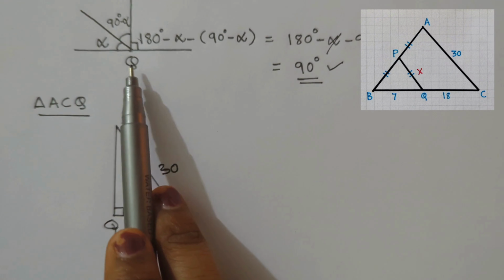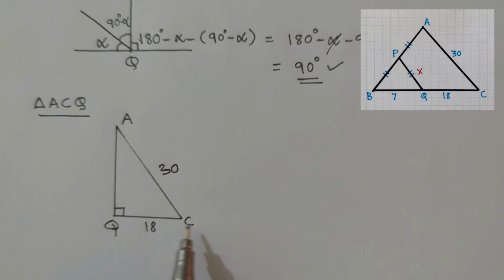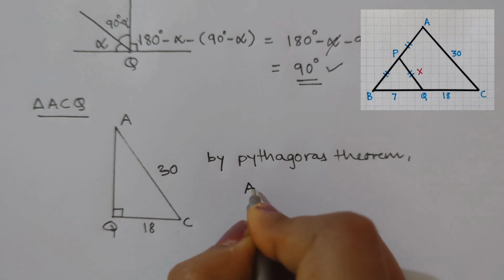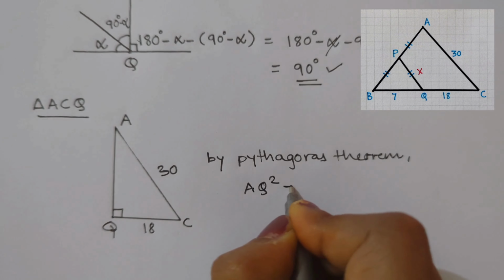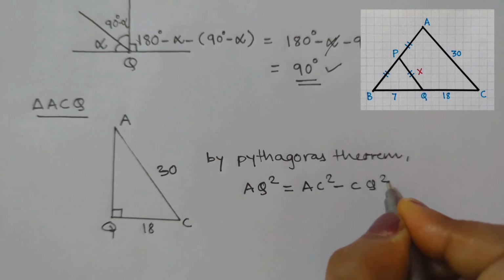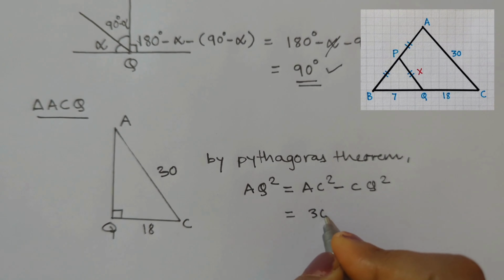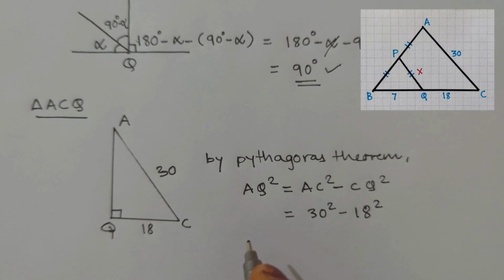Now that we know that angle at Q is 90 degrees, in the triangle ACQ, based on the Pythagoras theorem, AQ square should be AC square minus CQ square. It would be 30 square minus 18 square.